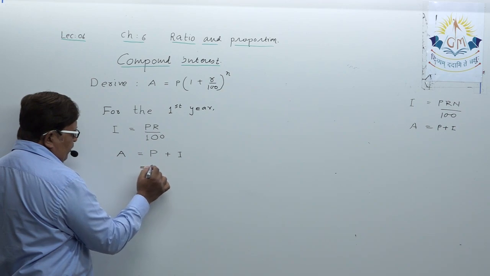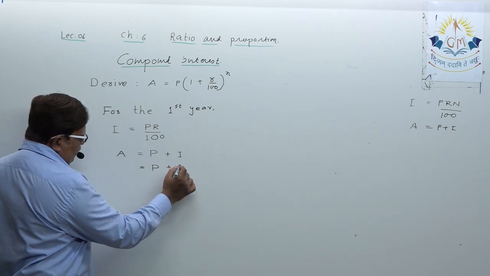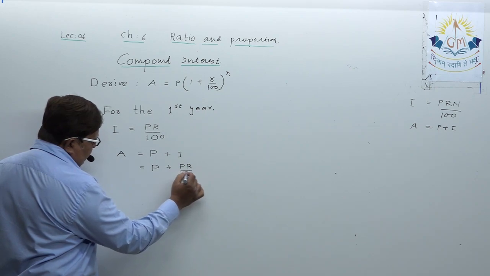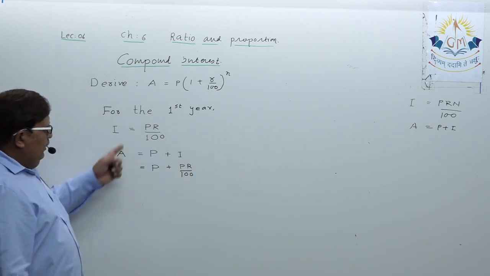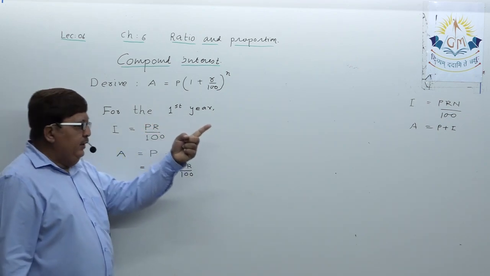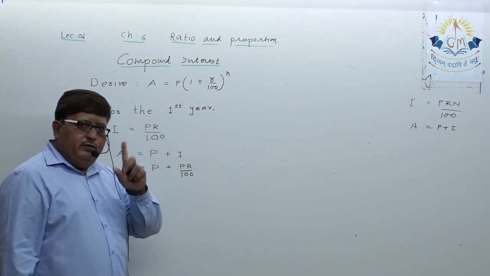So what is the amount? Just try to understand this, dear student. Instead of I, I am writing PR upon 100. You understood this? This is the basic formula PRN upon 100. In place of n I have written 1 because it is for the first year.